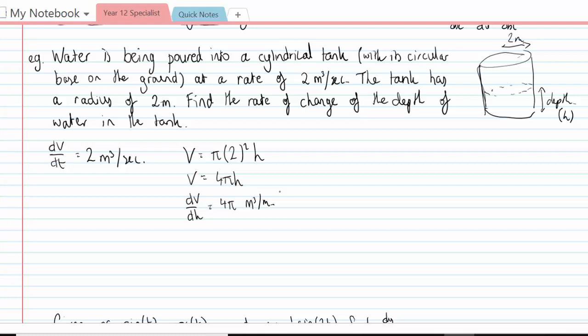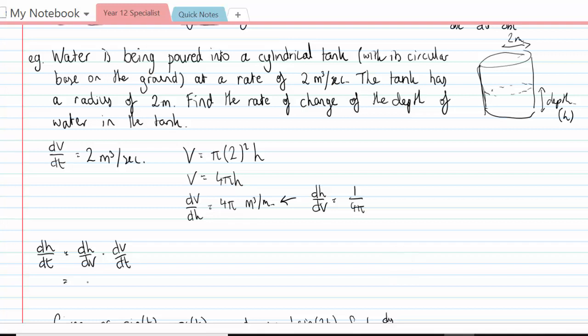The last thing is to use our chain rule. We're looking for the rate of change of the depth with respect to time. So we want the rate of change of the height with respect to time, and by using the chain rule I can say that that's dh/dV multiplied by dV/dt. dh/dV I get just by flipping this one over, so dh/dV is 1 on 4 pi.